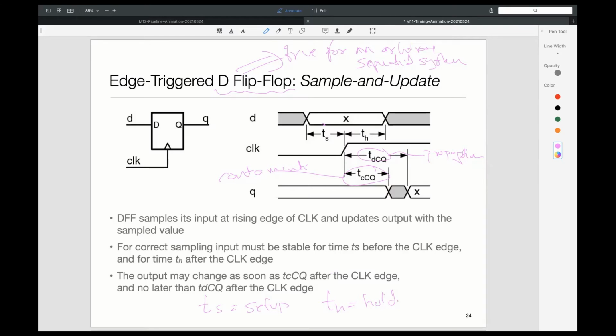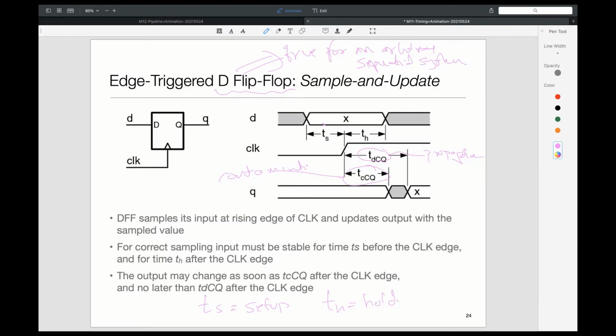So these concepts are not limited to the D flip-flop. It's just that the D flip-flop is probably the common component you will use, and therefore you will have these timing parameters available to you as part of a manufacturer's data sheet. Whereas for a more complex sequential system, you will have to derive these values.